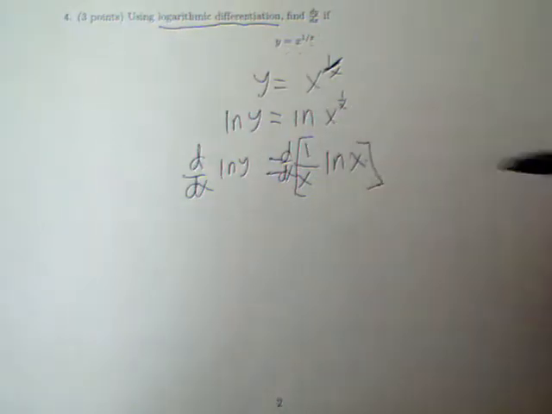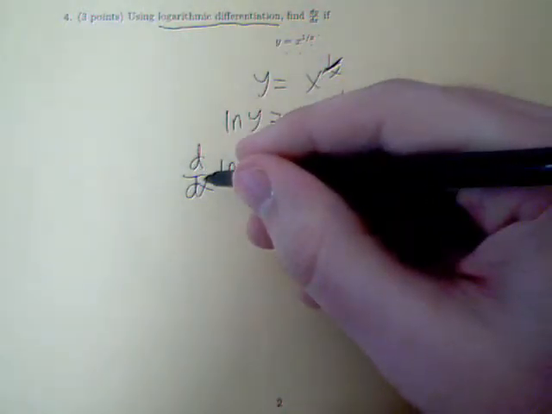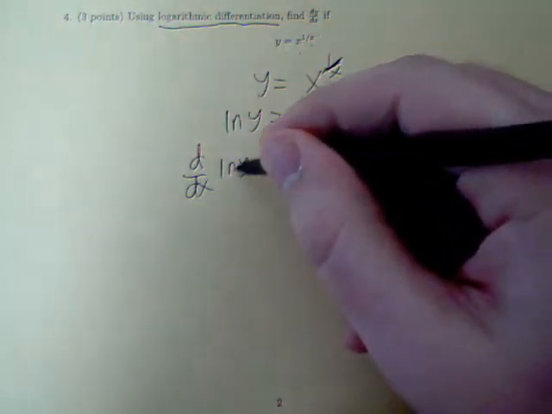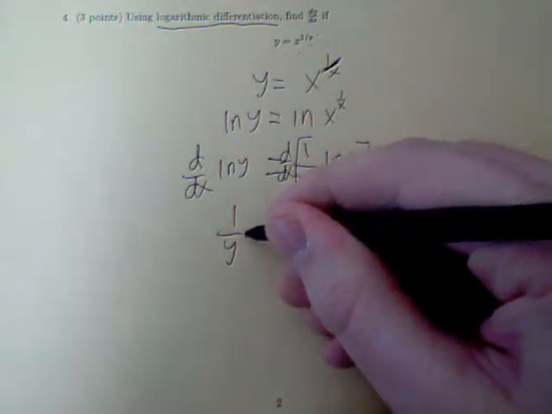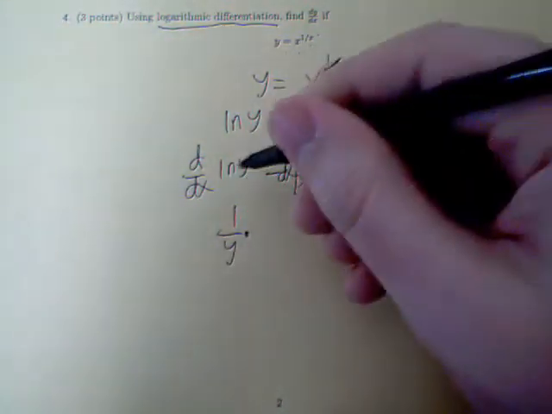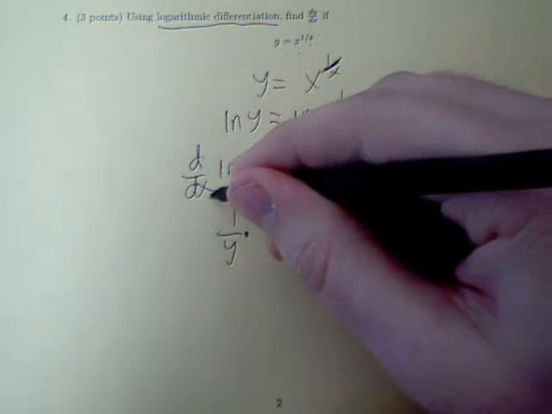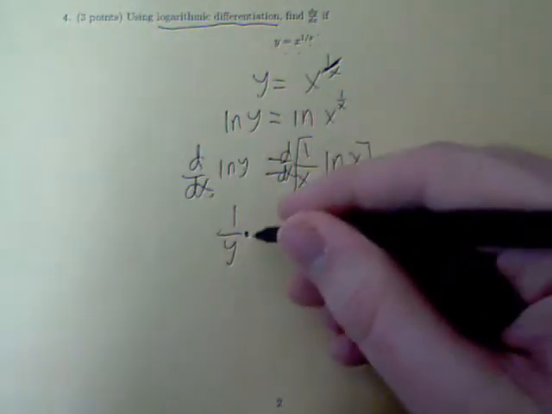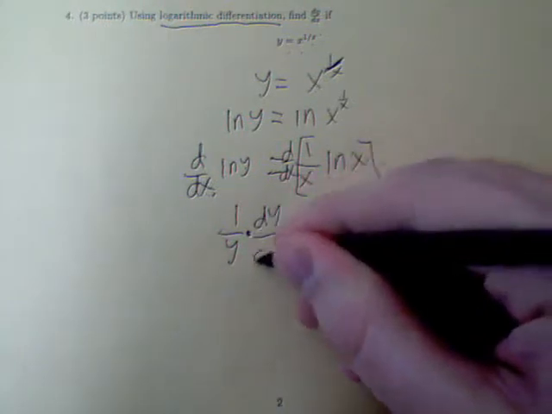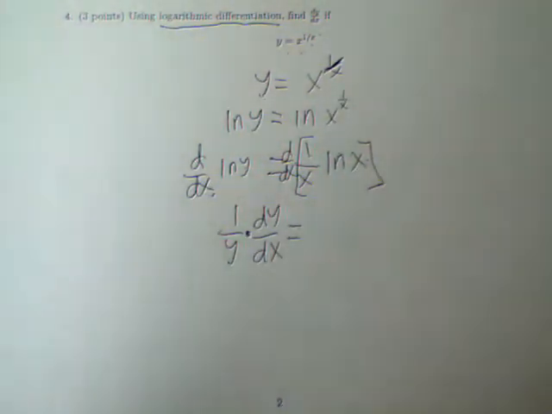And on the left here, well, the derivative of a natural log is 1 over the inside. But you also have to account for the fact that y is not the thing I'm deriving with respect to. It's x. Right? So multiply by dy/dx by the chain rule.